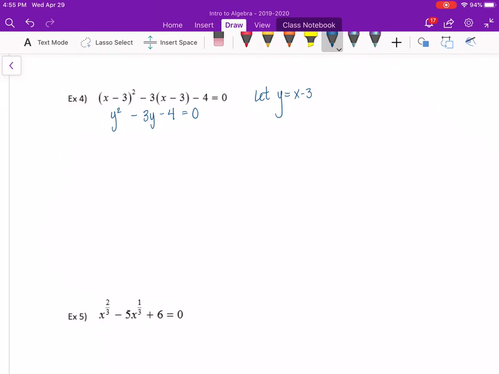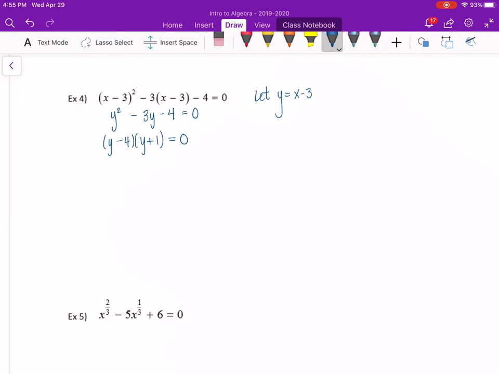This actually is a quadratic, but using that substitution method is going to be a lot easier. So this is the same as we had before, I think, negative 4 and positive 1. But at some point, we don't care about y. It's not going to do me that much good to solve for y. And I could solve for y and then use that in a minute to solve for x.